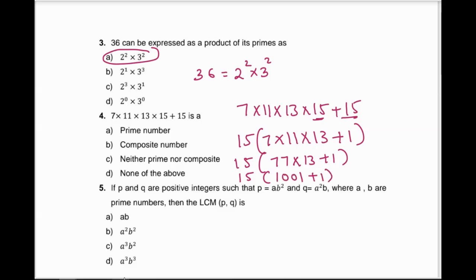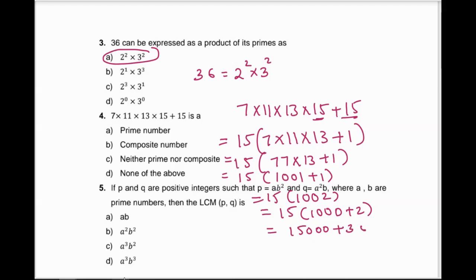So that is 15 into 1002. To do it simply, we write it as 1000 plus 2, so 15 into 1000 is 15,000 plus 15 into 2 is 30. So when you add this, it is 15,030.